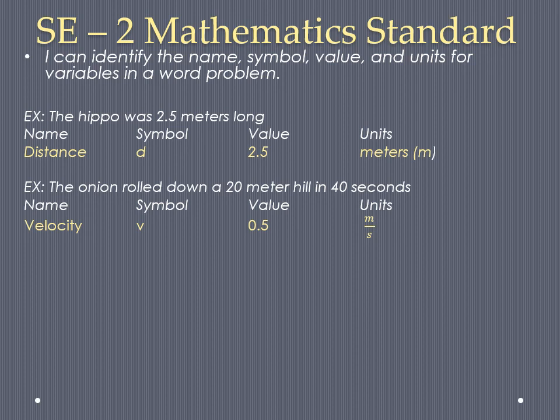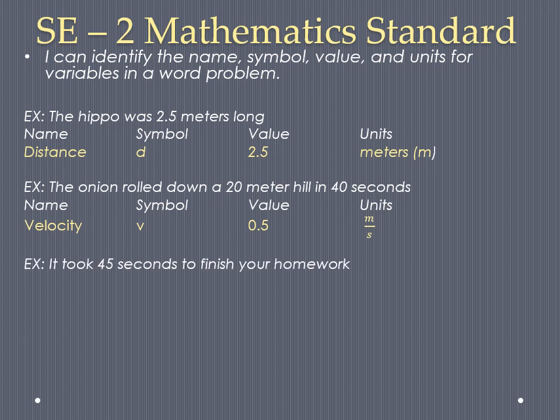So the name would be velocity. The symbol would be a lowercase v. You need to do a little calculation to figure out what the value is, since it's the number of meters every second. If we go 20 meters in 40 seconds, we're actually covering a half of a meter every 1 second. So the value is 0.5, and the units would be meters every second.